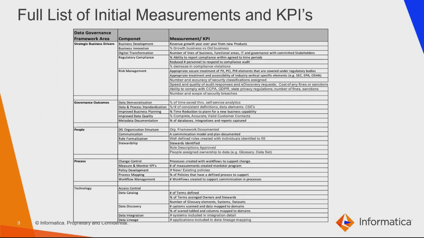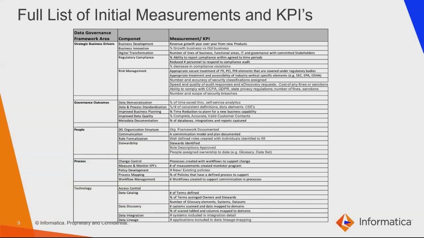In the governance outcome category, for data democratization, there is a way to track this, like percentage of time saved through self-service analytics. Improved data quality, like what percentage of customer contacts are complete, accurate, valid. And in terms of metadata documentation, it can be percentage of databases, integrations, and reports being captured.